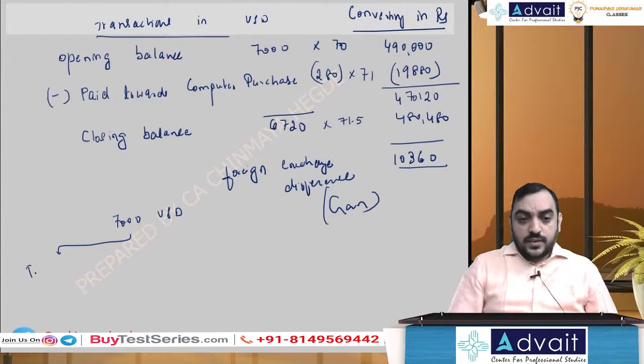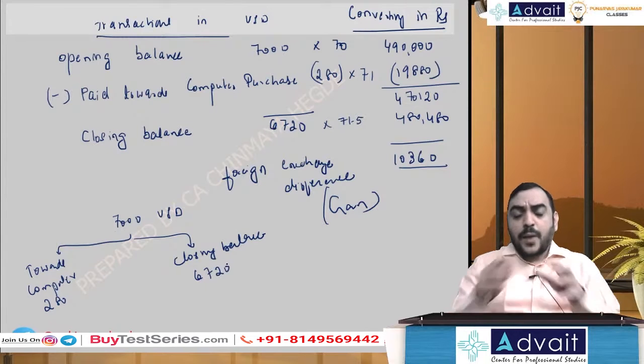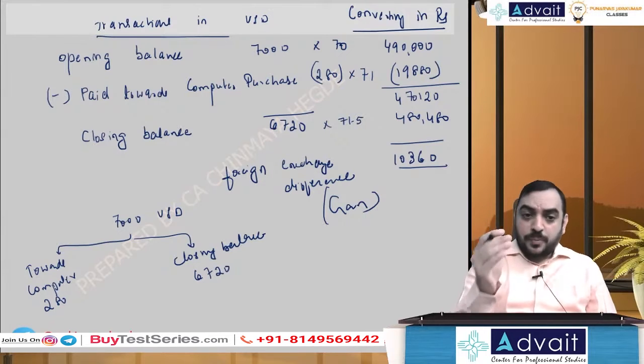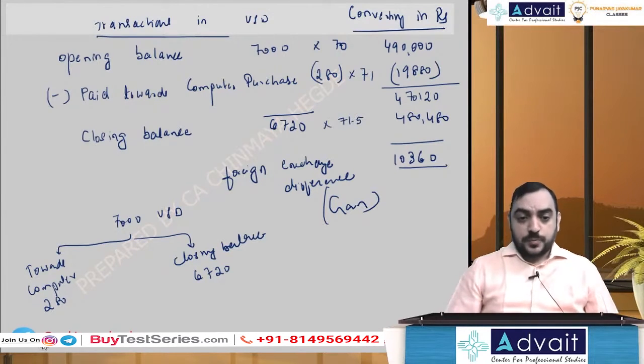So towards computer purchase, it is 280, and closing balance, it is 6720. I'm just giving the breakup. Opening balance was 7,000. Towards the purchase of computer is spent 280, and closing balance became 6720.